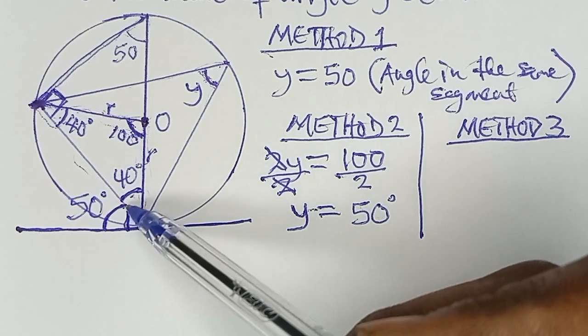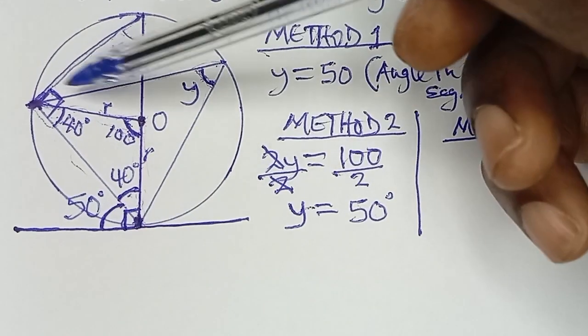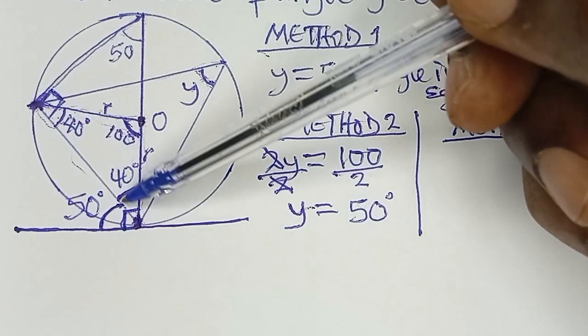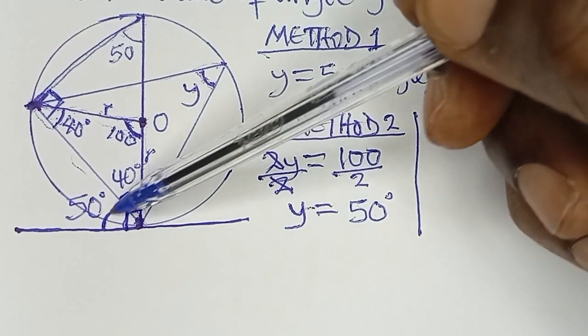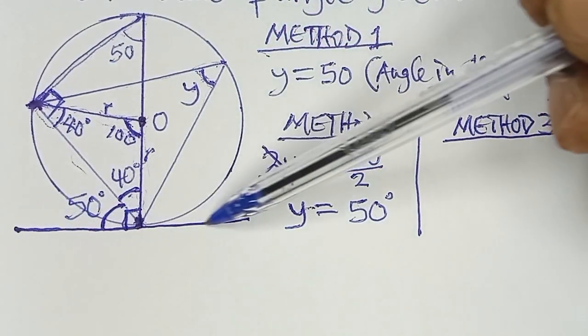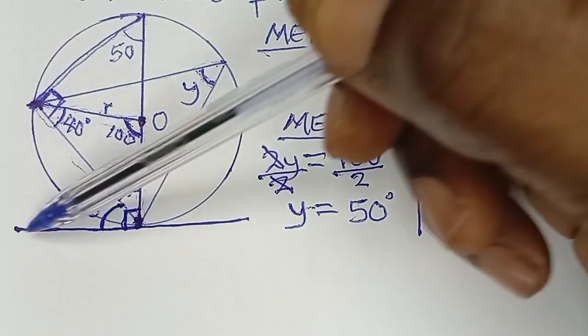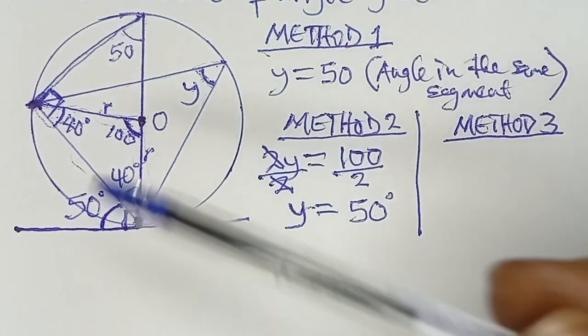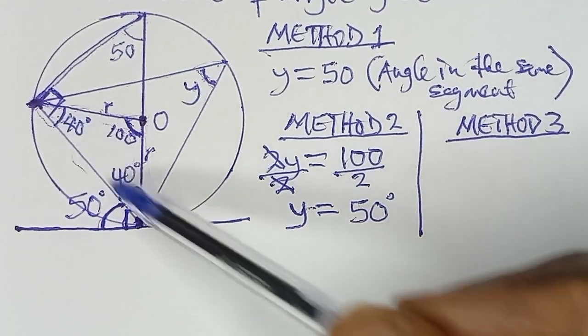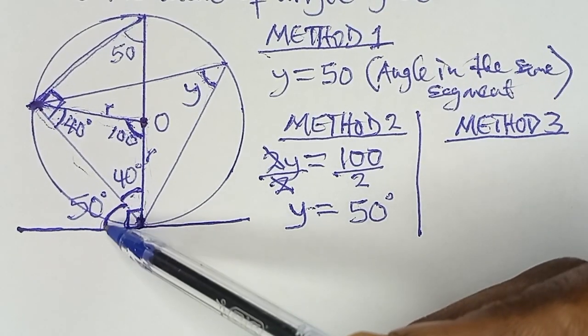Now, to see that this angle is 50 degrees, you agree with me that this chord here makes angle 50 with this tangent. So the chord and the tangent together make 50 degrees.